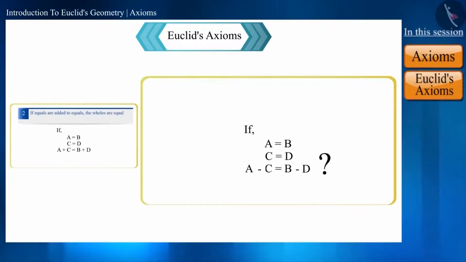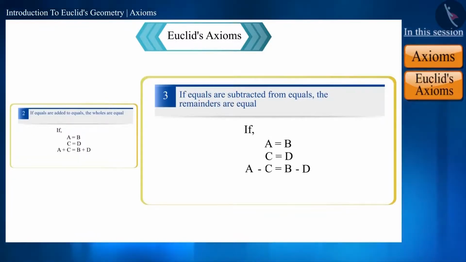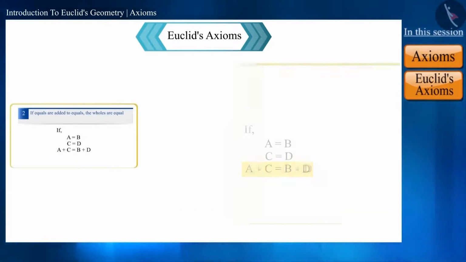Friends, think a little. Even then, will they be equal? Yes. According to Euclid's third axiom, if equals are subtracted from equals, the remainders are equal. That is, A minus C will be equal to B minus D.